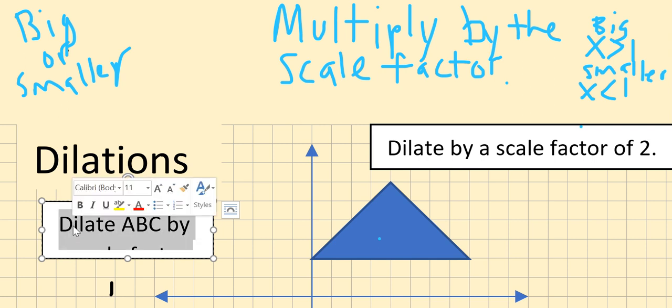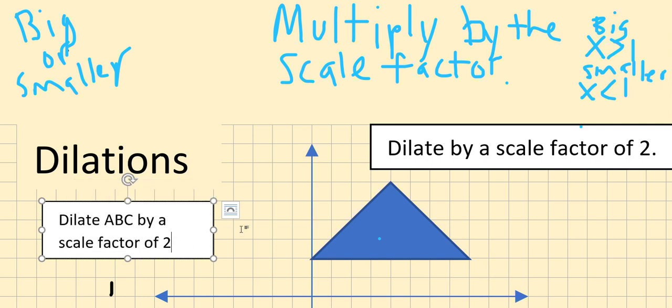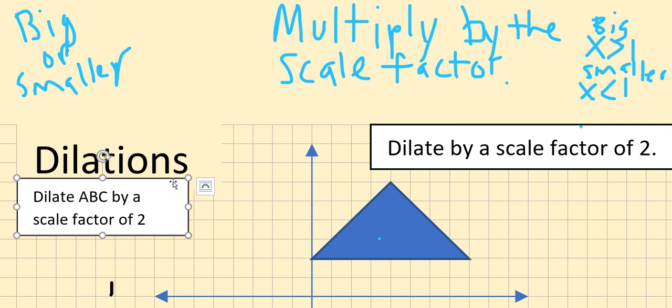So what that means is we're going to be getting bigger, little children, because that's a number greater than 1, and you're going to multiply each ordered pair by the scale factor, okay? Don't make it harder than it needs to be. It might be a little bit confusing at first, but it's really not. Just multiply each ordered pair by the scale factor.